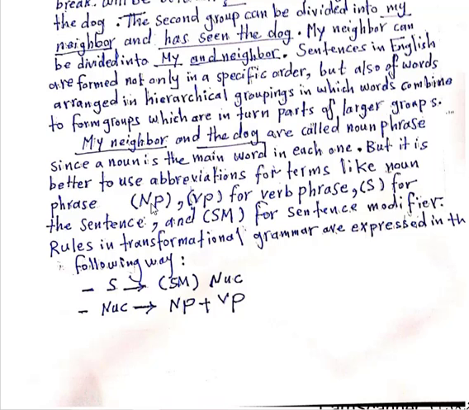For example, noun phrase NP, verb phrase VP, S, that means the sentence, and SM, that means the sentence modifier. Now we need to explain all of these acronyms.